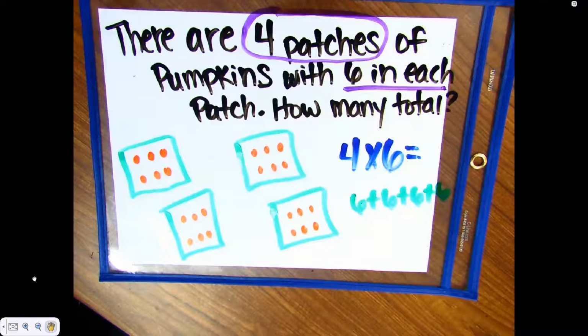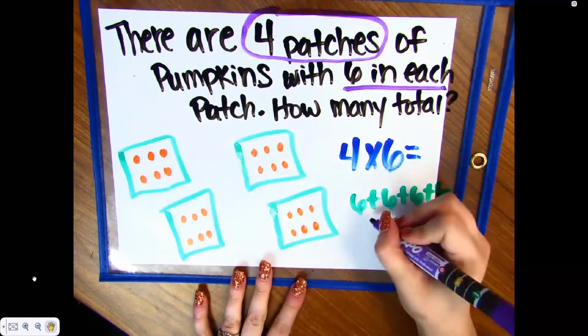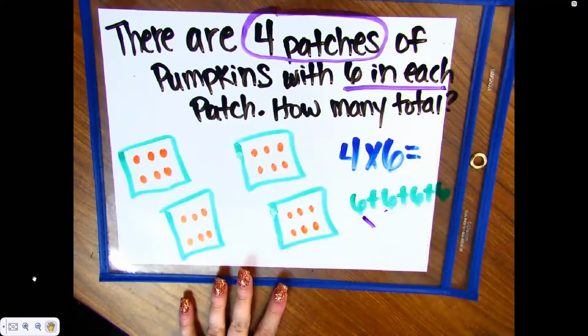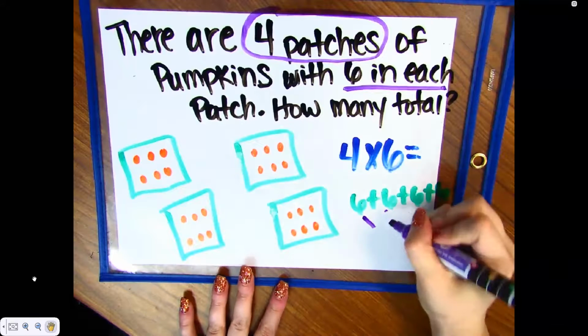I have to do what? Can I just leave this? 6 plus 6 plus 6 plus 6? Camila, what do I need to do? You add it up. You add the numbers first and then add the rest.